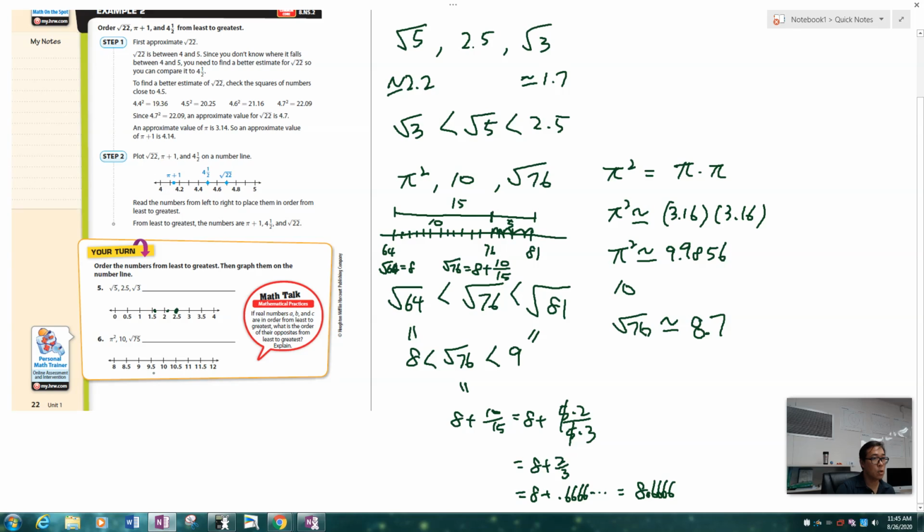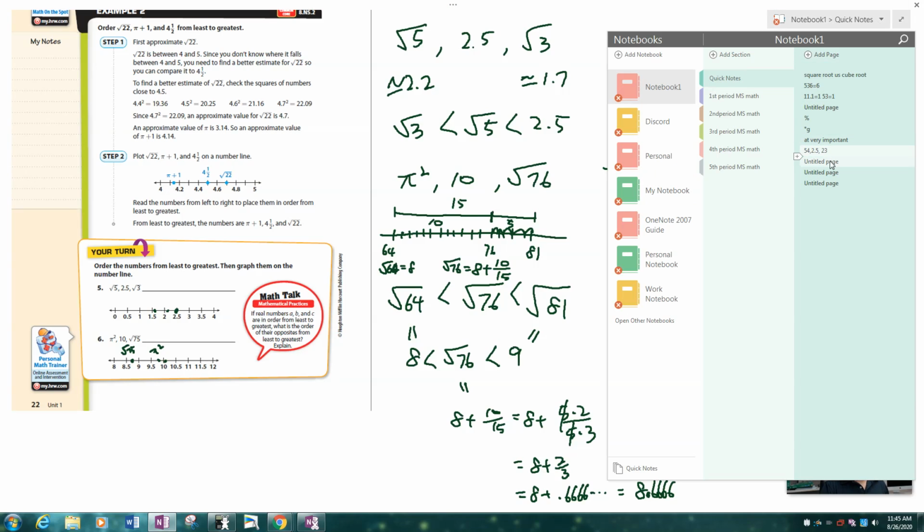I'm going to put 8.7 somewhere on here. The second number is pi squared, which is 9.98, very, very close to 10. Hey, that was quite a lot of work. Good, challenging question. All right, moving on to the next page.